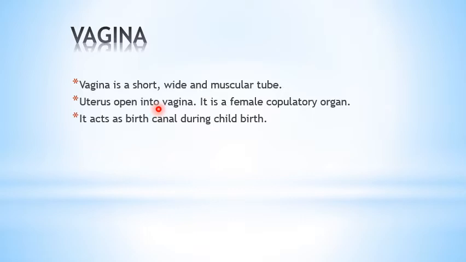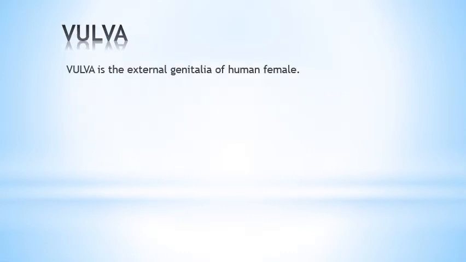The uterus opens into the vagina. It is the female copulatory organ. It acts as a birth canal during childbirth. The next is the vulva. It is the external genitalia of the human female.